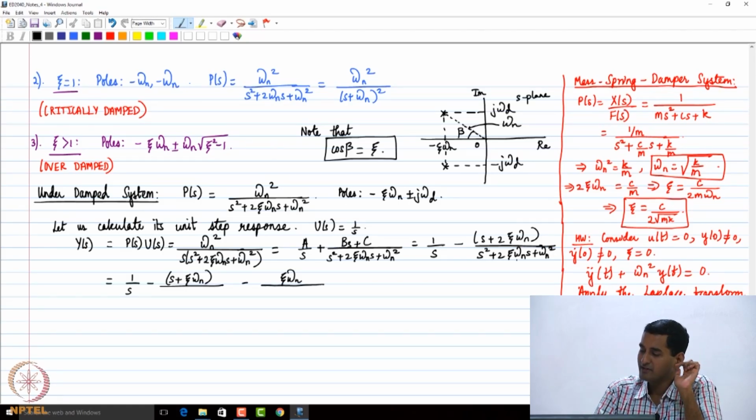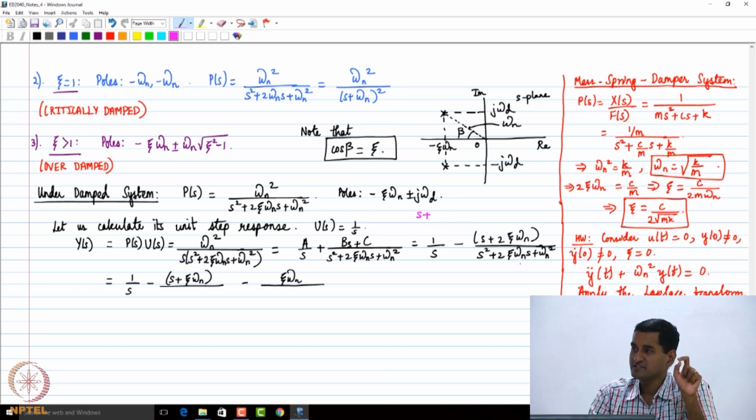Now, in the denominator, how can I write this s squared plus 2 zeta omega n s plus omega n squared as a perfect square? What method did we learn? So this will be s plus, what did I tell you? You first divide the coefficient of s by 2.